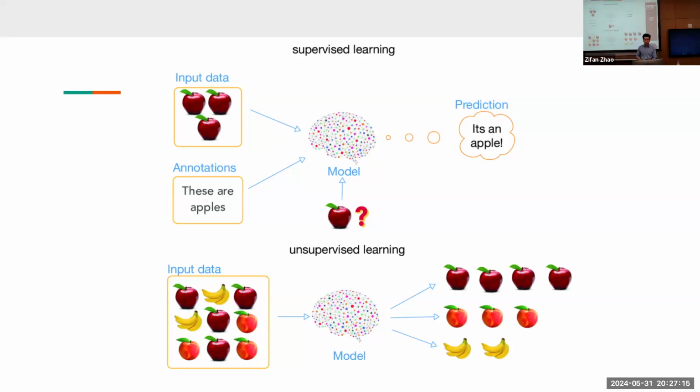However, in unsupervised learning, the input data is just the patterns of the data itself without any annotation, label, or target. When we send them into a model, we expect that the model can do some clustering, or distinguish the data patterns, to help us define the difference between different kinds of data patterns.